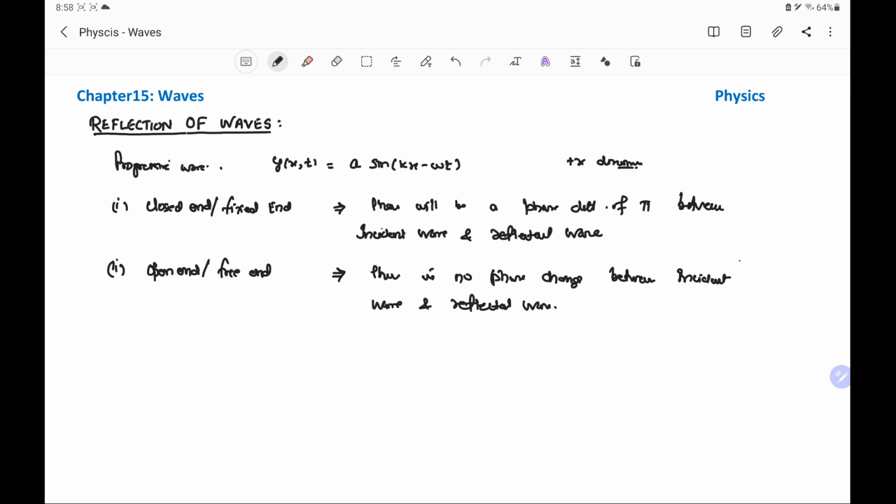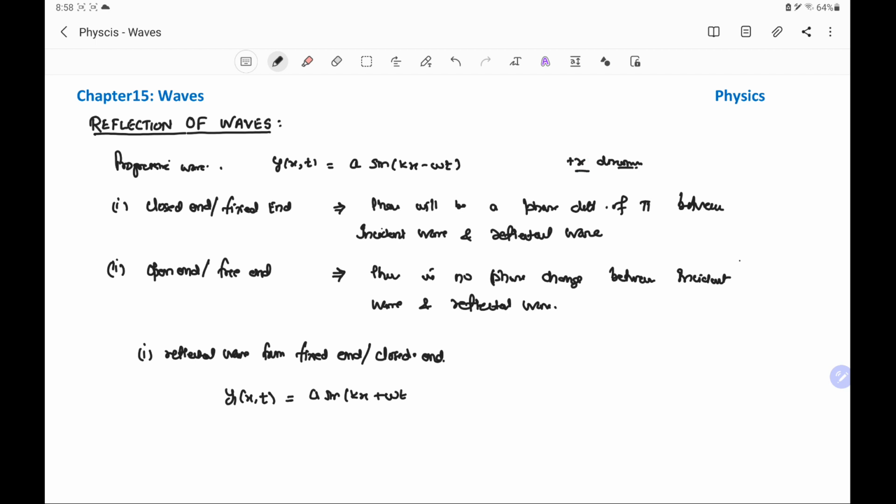So for the given progressive wave, if we write the equation for the wave reflected from the fixed end or the closed end, it will be written as y1(x,t) equal to A sin(kx + ωt).